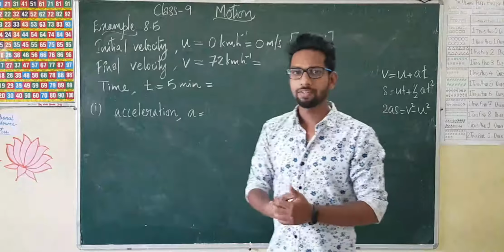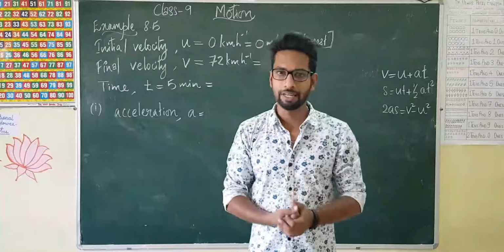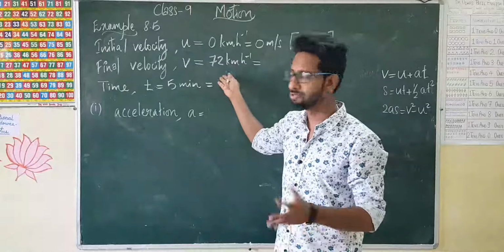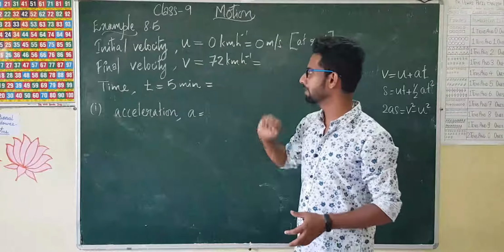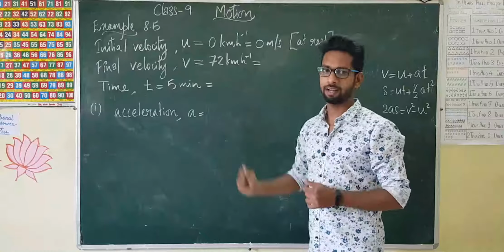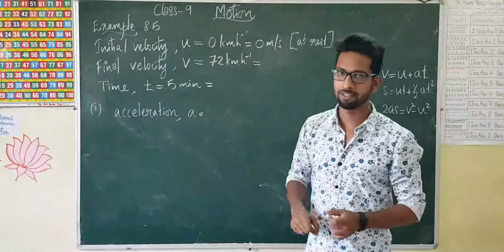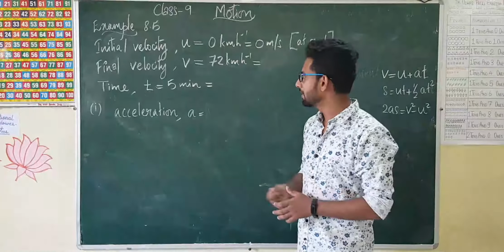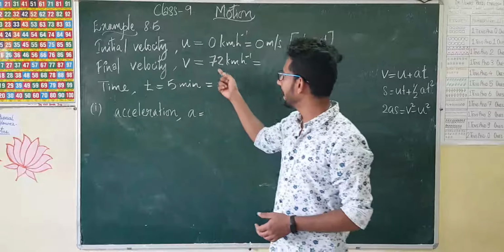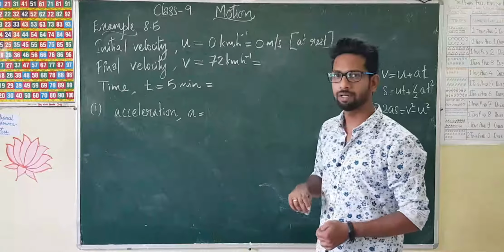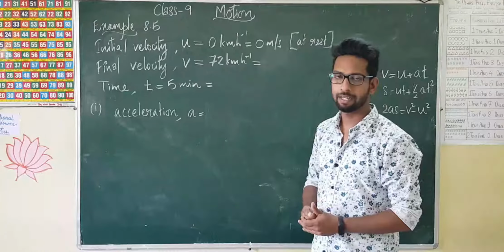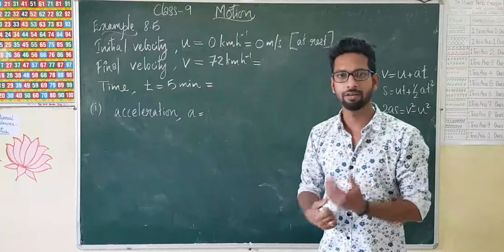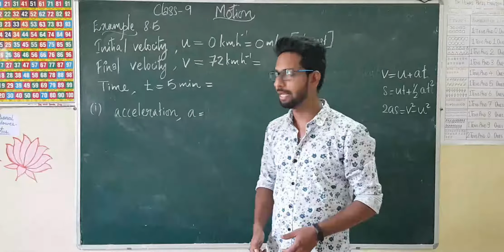Now the train started to attain the velocity of 72 km per hour. See, here we have to find the acceleration. Whenever you find the acceleration, you must take the readings in meter and second. So here we have to convert 72 km per hour into meter per second. How will you convert kilometer per hour into meter per second? We have to multiply the quantity given in kilometer per hour by 5 by 18.